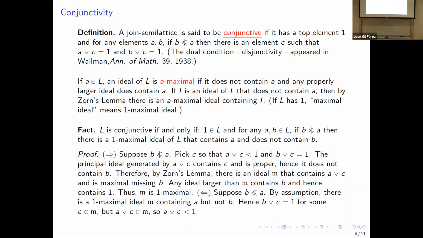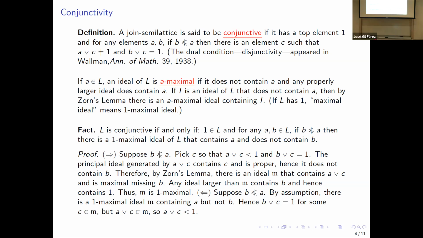And here's a fact: L is conjunctive if and only if for any two elements A and B, if B is not less than A, then there's a one-maximal ideal of L that contains A and doesn't contain B. So there are enough maximal ideals to distinguish between elements.